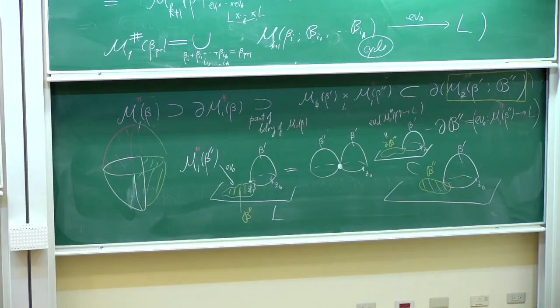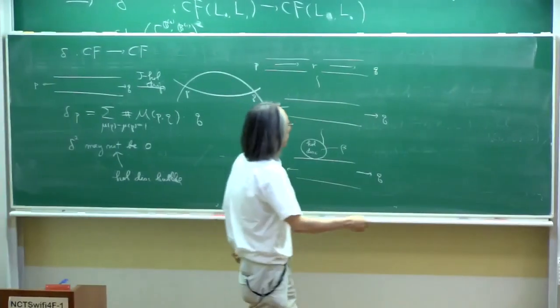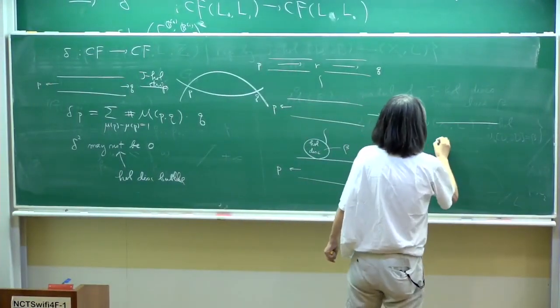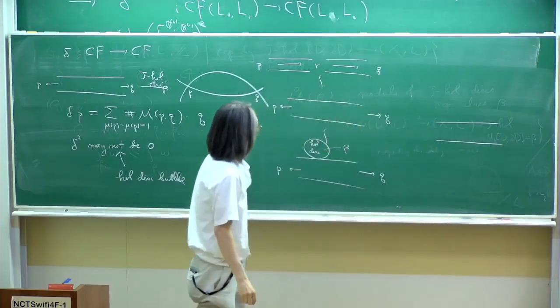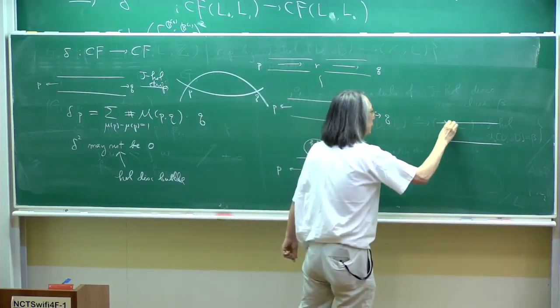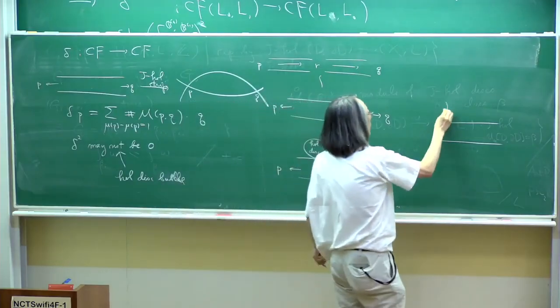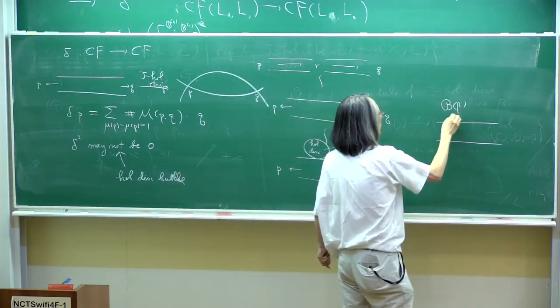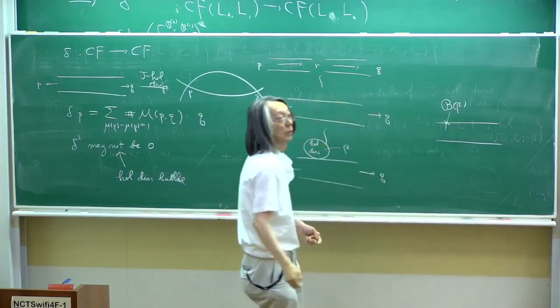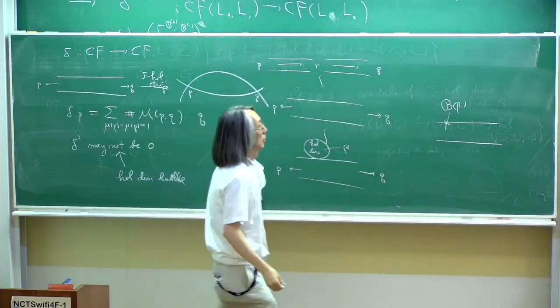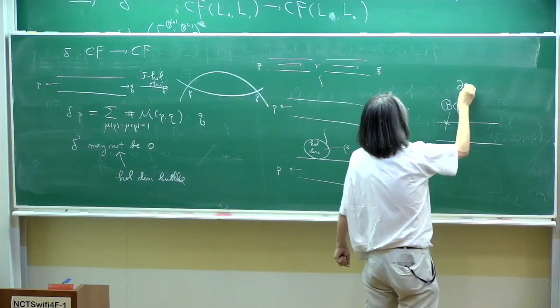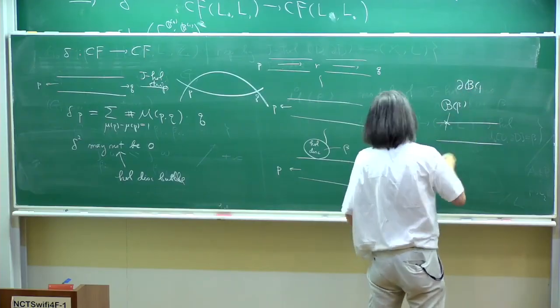So let's suppose that this holomorphic disk is in class beta. Okay? Then we consider the other moduli space of the following form. So here I have a boundary mark point which meets with this. Sorry.